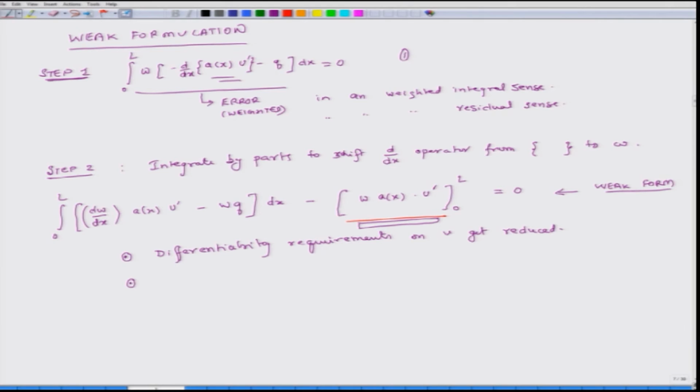If I look at the boundary terms, what I get is w A x u prime from 0 to L. This is equal to w times A u prime at x equal to L, minus w A u prime at x equal to 0. These are the boundary terms.